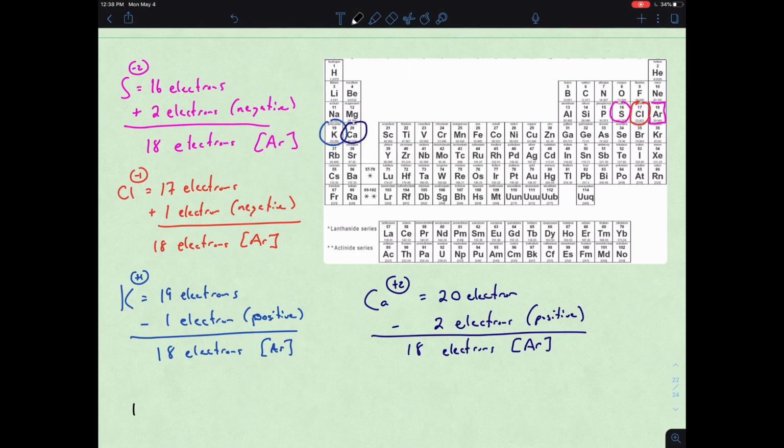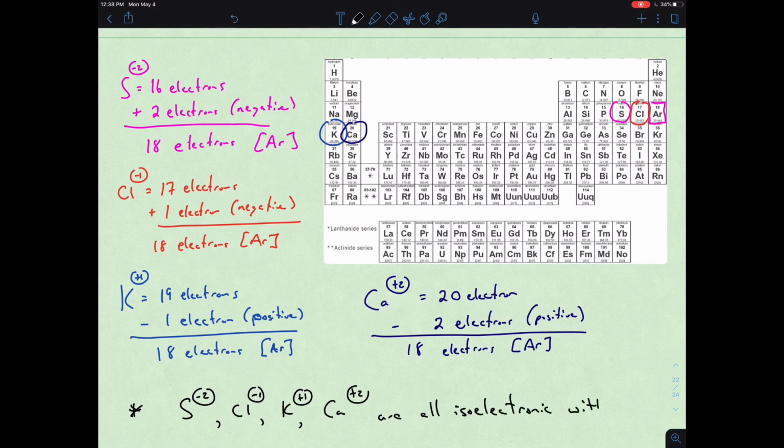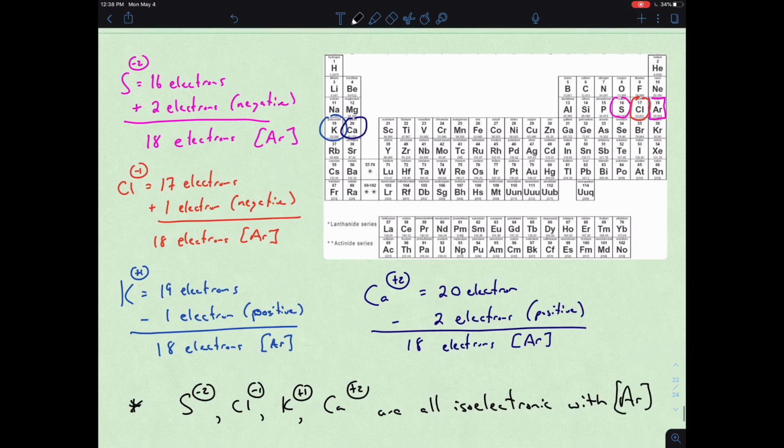So basically that's saying that our sulfide, chloride, potassium +1, and calcium +2 are all isoelectronic with argon.